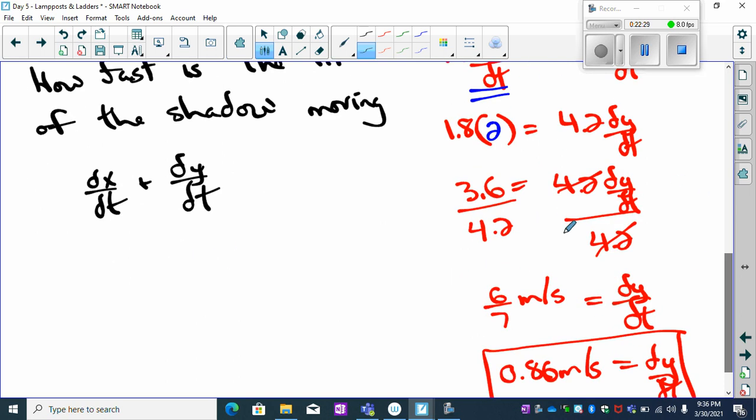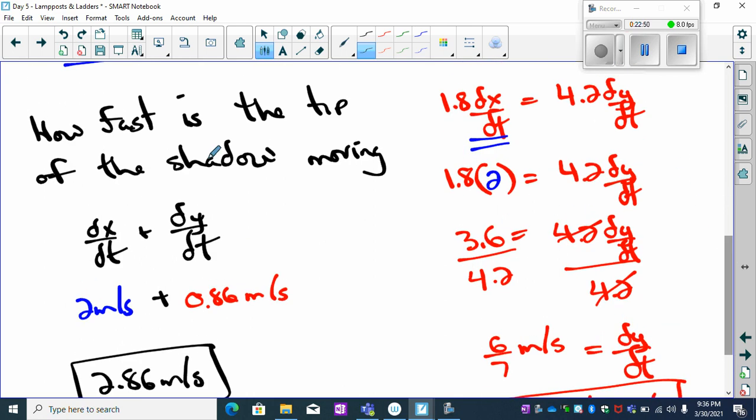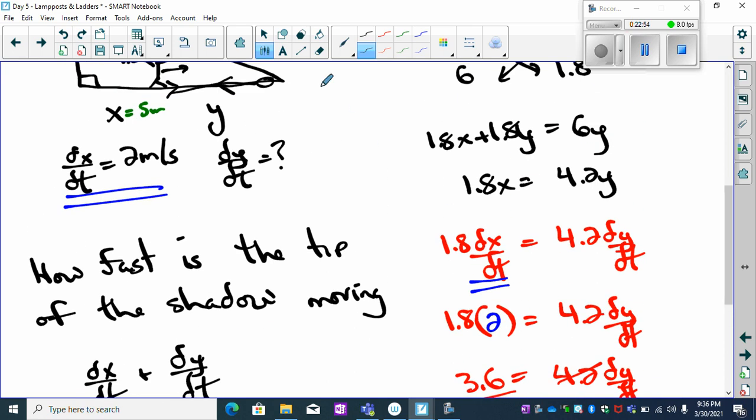That was 2 meters per second plus 0.86 meters per second. That would give me 2.86 meters per second. That's how fast the tip of the shadow would be moving. We're talking about just the tip of the shadow moving that way. If he's moving, it's moving with him.